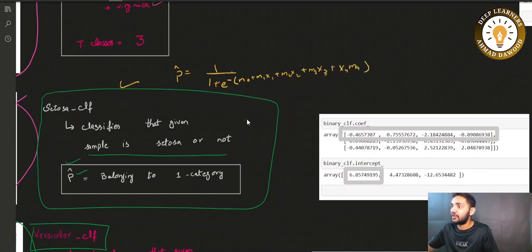Okay, each model will have this type of equation. It means each model has five parameters. So there are 15 parameters in total, five parameters for each binary classifier, and the goal during the training phase for each binary classifier is to obtain the optimal five parameters.